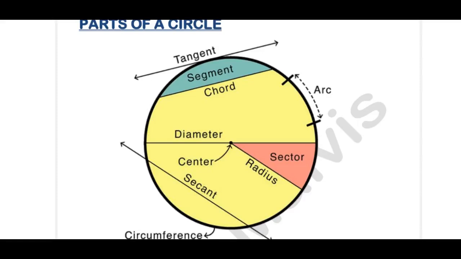Now, that fixed point is the center of the circle. So when we say that a round figure whose boundaries consist of points equidistant from a fixed point, the word equidistance means equal distance.